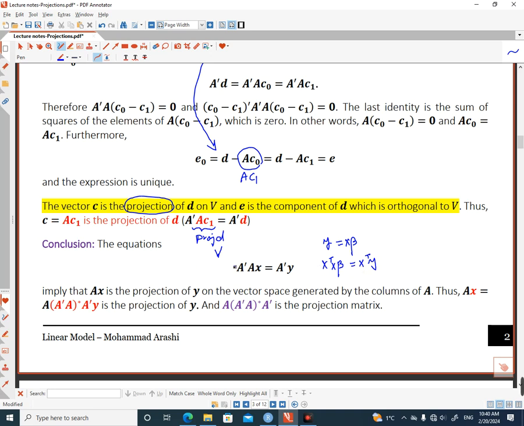Now let's go back to this equation. If I have an equation something like that, then it implies that AX is the projection of Y. Just compare these two together.